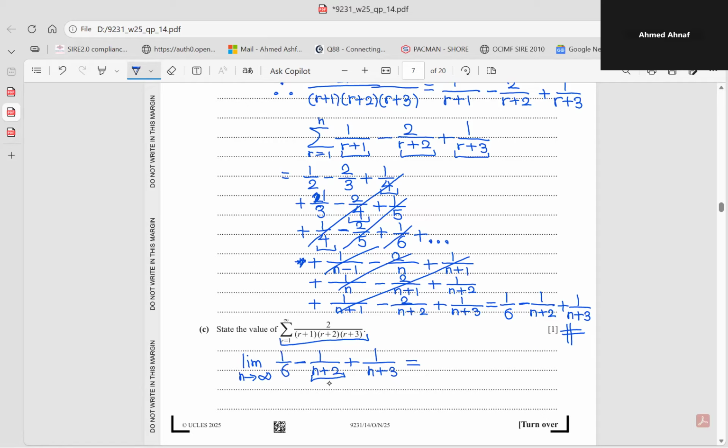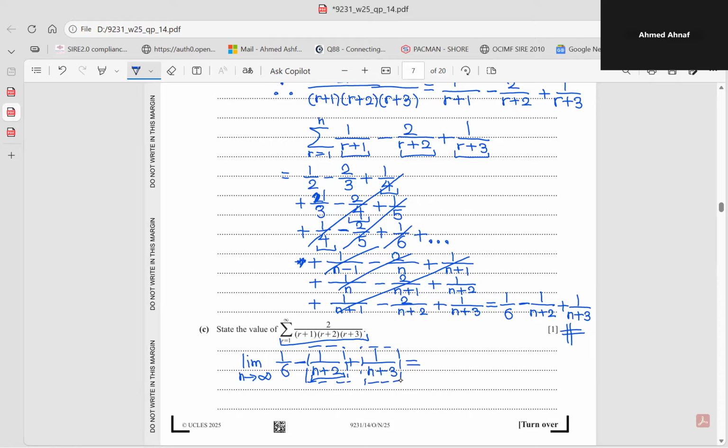okay, so for this, as n gets bigger and bigger, the denominator gets bigger and bigger, so the whole number minus 1 over n plus 2 will get closer and closer to 0. Same for plus 1 over n plus 3. As n approaches infinity, the denominator gets bigger, and this will also approach 0.